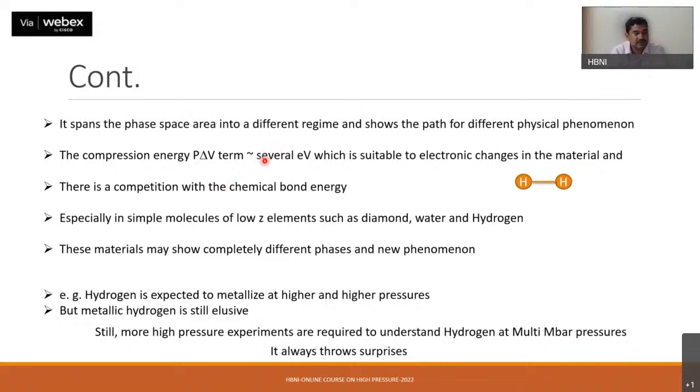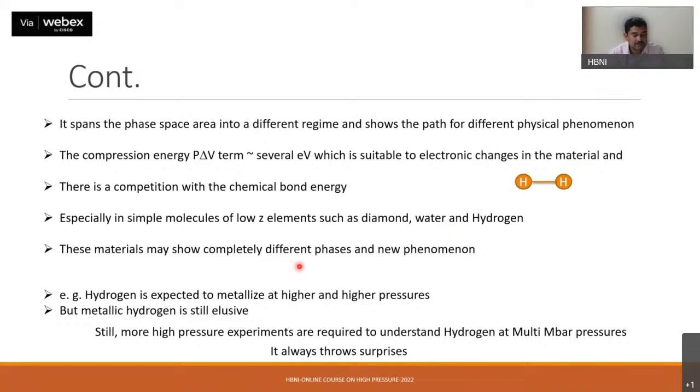So there is a competition between the compression energy and the chemical bond energy, and especially in simple molecules of low Z elements such as diamond, water, hydrogen, nitrogen, many phenomena can happen. Like you can really break these molecules and they can form something else. They can form some extended solids with very peculiar properties.